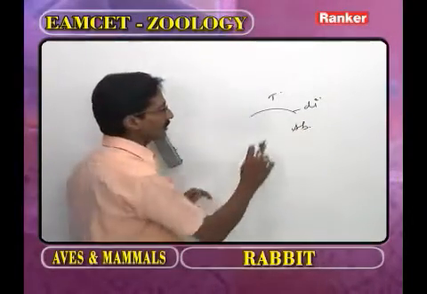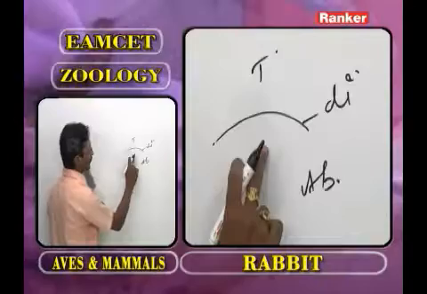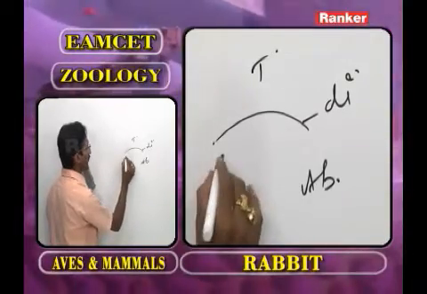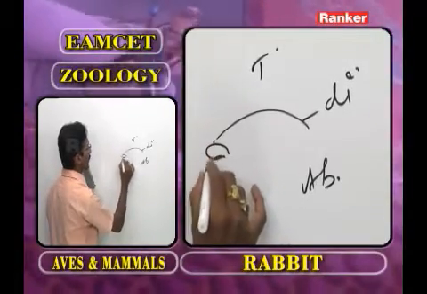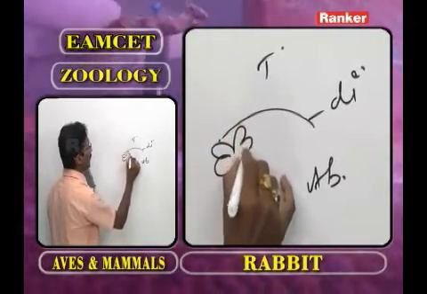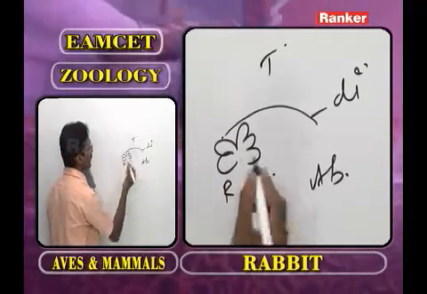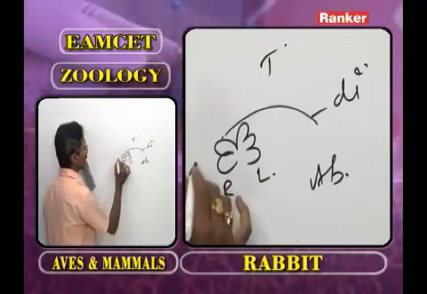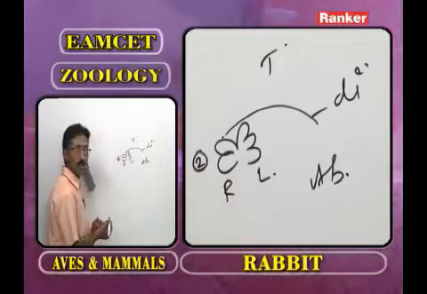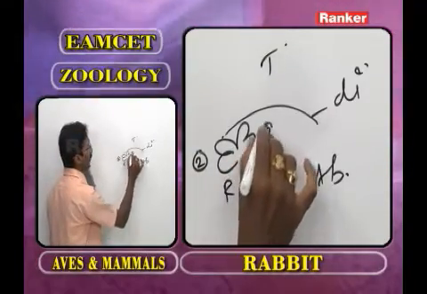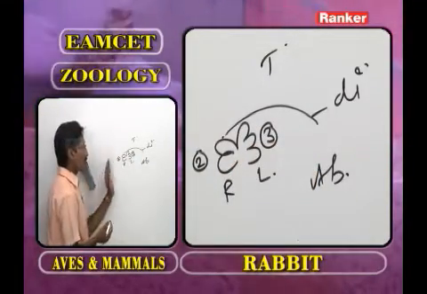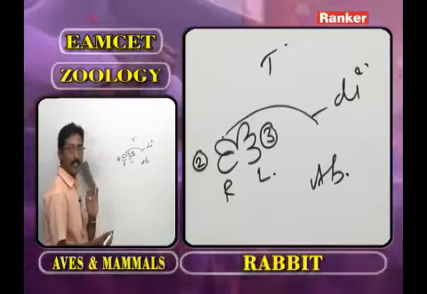Abdomen. Now, below diaphragm, on one side, what is present? The 5-lobed liver is present. Now this is the right side, this is the left side. On the right side, how many lobes? 2 lobes. On the left side, how many? 3 lobes. Total number of lobes in the liver, 5.